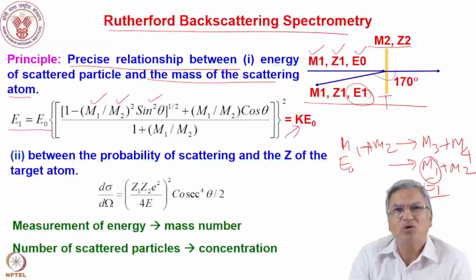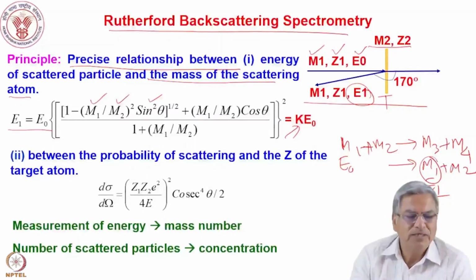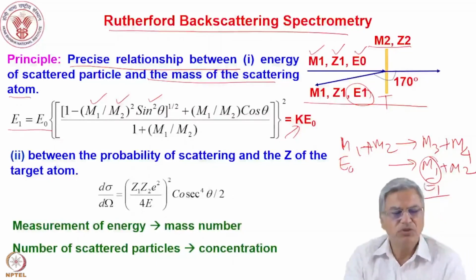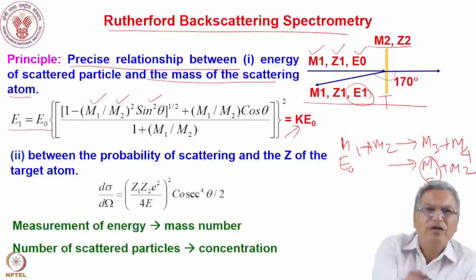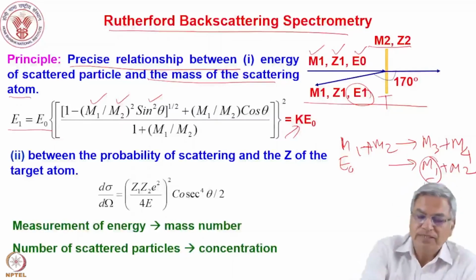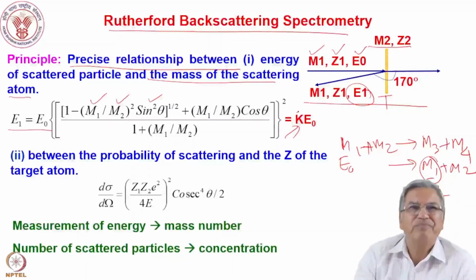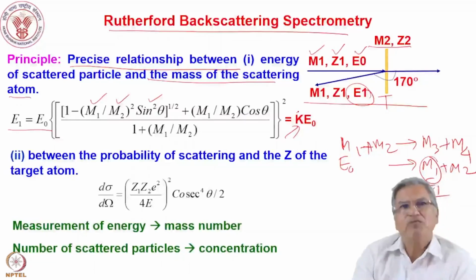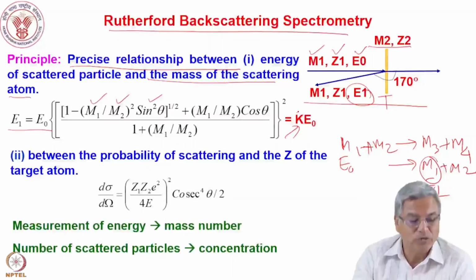And K is called the kinematic factor. It depends simply upon the masses and angles of the projectile and target nuclei. So for a particular value of M2, there is a particular value of K. That way you can find out the mass of the nucleus which was backscattering the projectile.